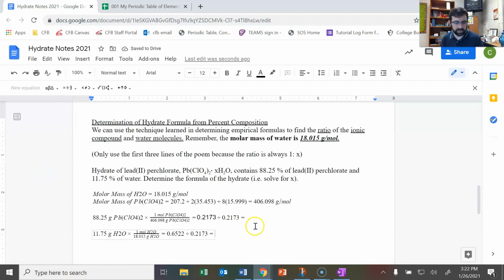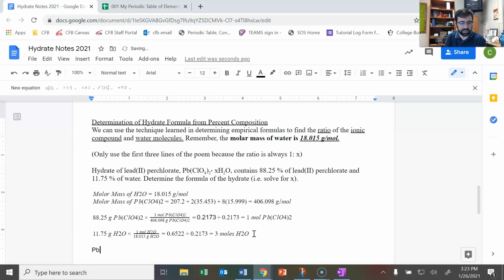And that's going to give us the amount of PbClO4, well, that's just going to be 1 mole of PbClO4. But here, when we divide it out, we're going to get 3 moles of H2O. Which leads us to our formula.